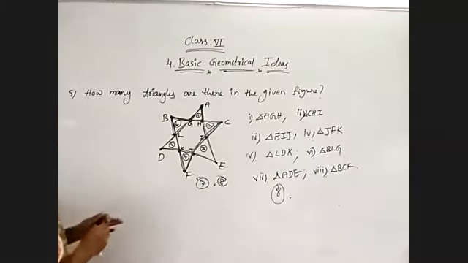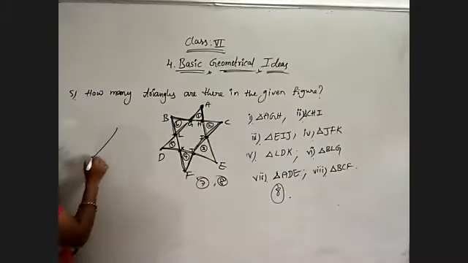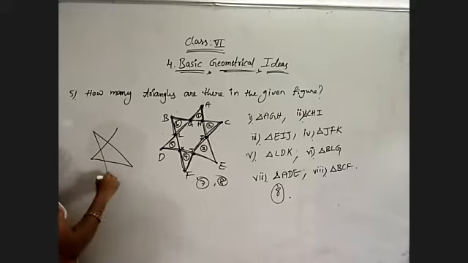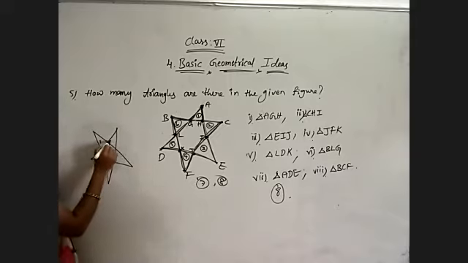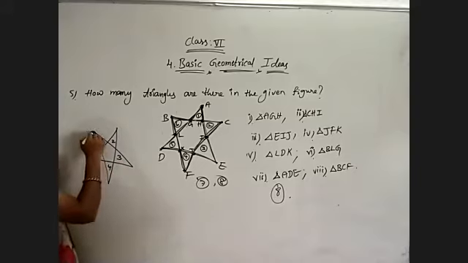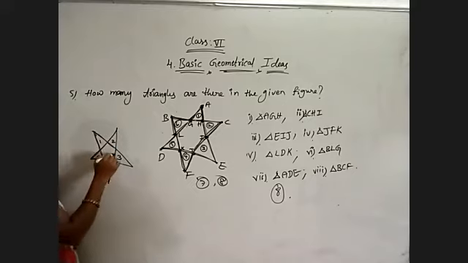Okay. Suppose I have given the figure like this. Now how many triangles are there? Observe. 1, 2, 3, 4, 5, 6. Okay, 7 and 8.